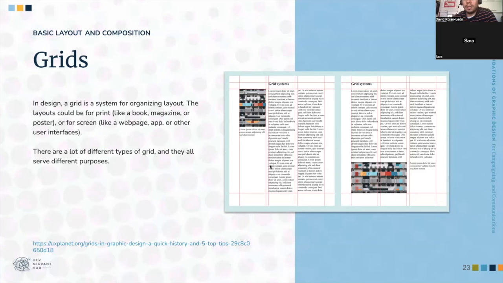Again, you might create this using guidelines in, for example, Illustrator or Inkscape or InDesign. I think Canva is a bit limited in that, and Figma actually has something pretty interesting that I'm going to show you.